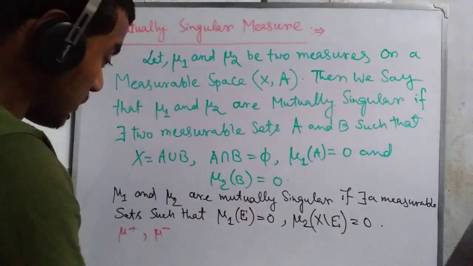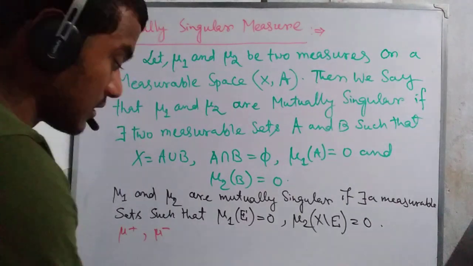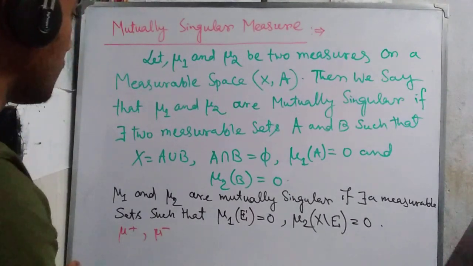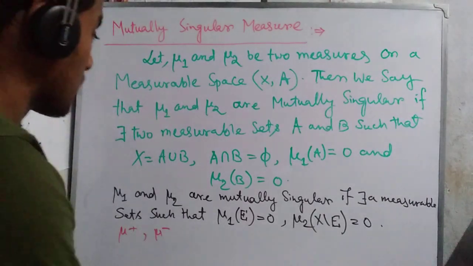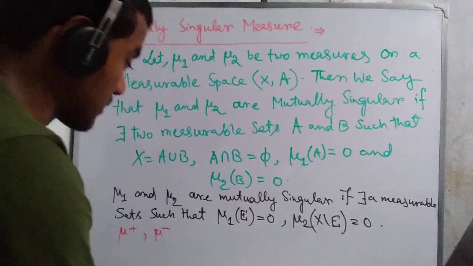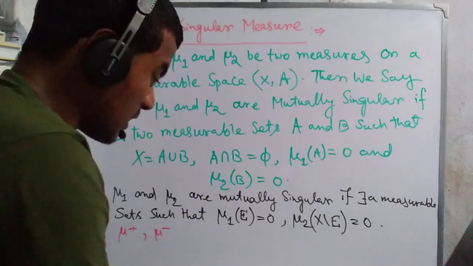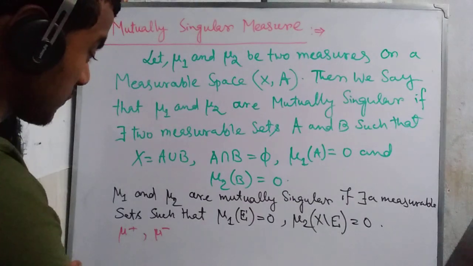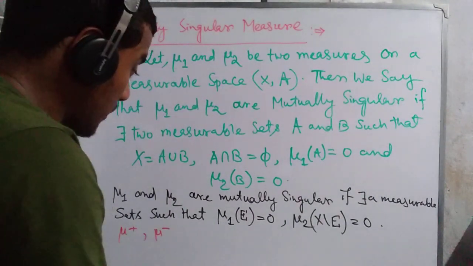That means mu plus of E equals mu of P intersection E, and mu minus of E equals minus mu of N intersection E. Then obviously mu plus and mu minus are mutually singular measures, because of these two intersections, P intersection E and N intersection E. We talk about that portion.